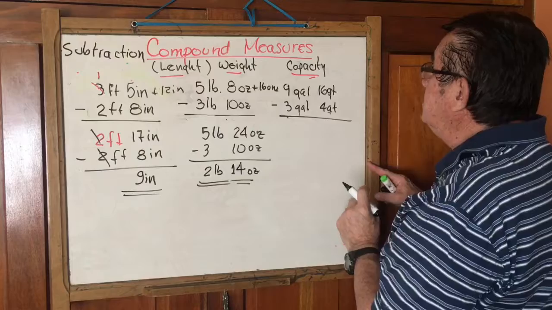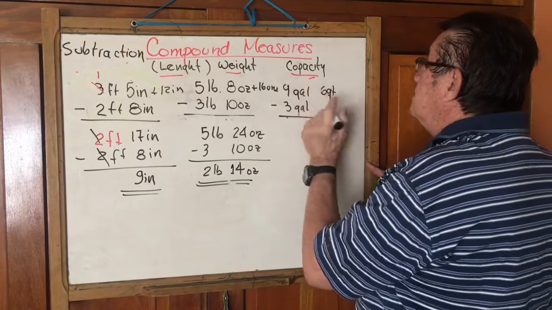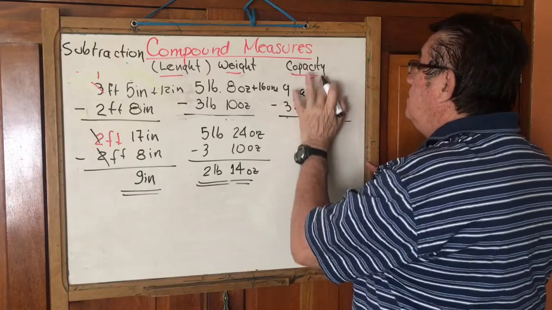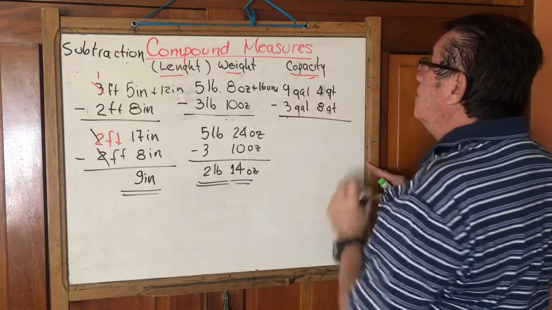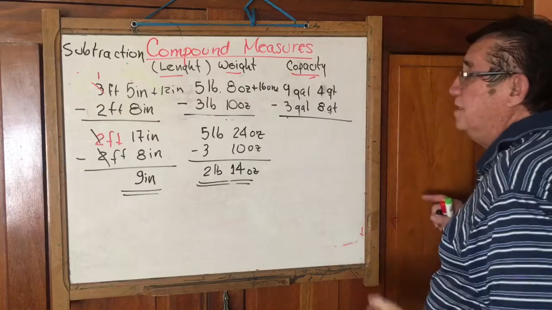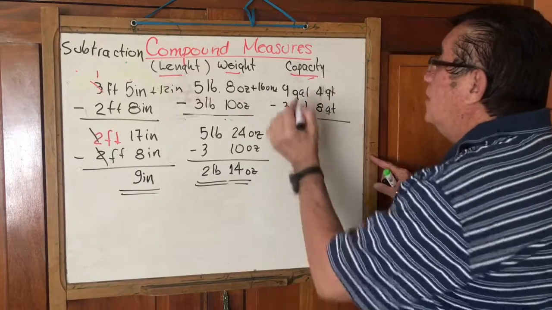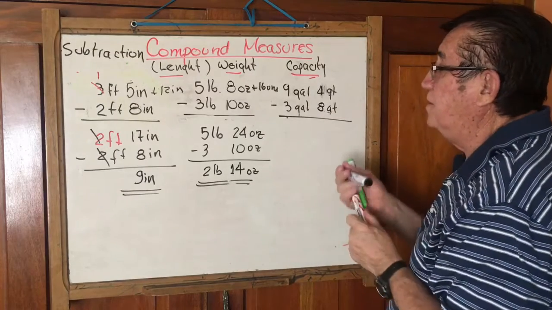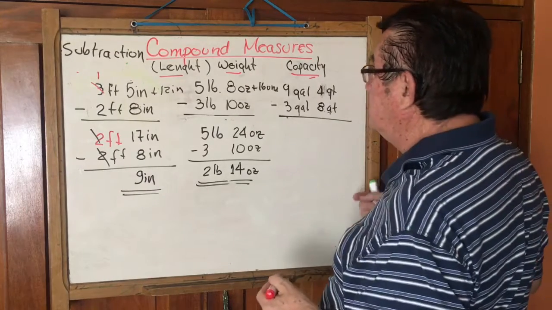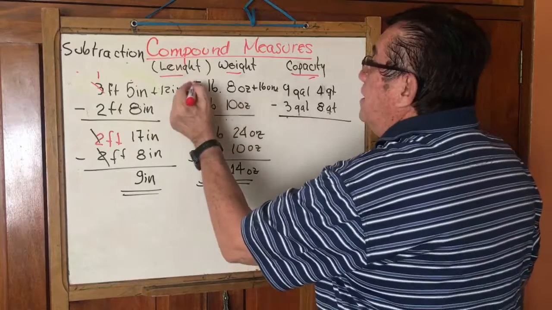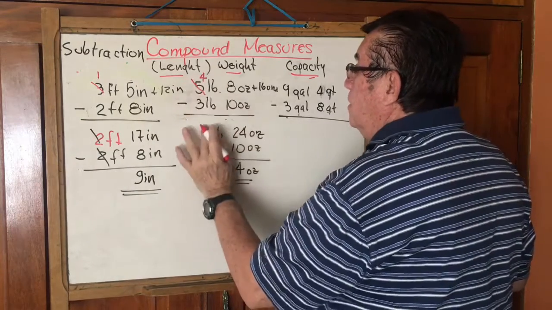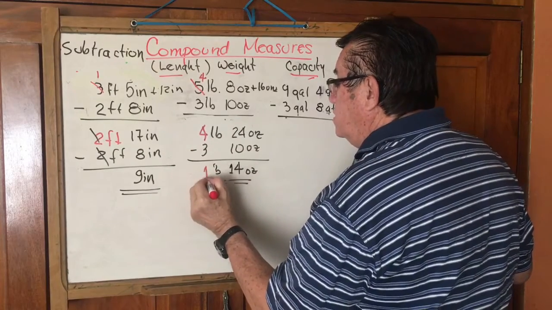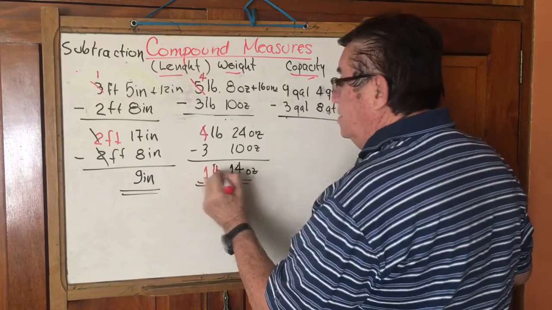In capacity, well, let's see that this is another situation. I have only 4 quarts. And I cannot subtract 8. So I will borrow from here 1 gallon. Oh, wait a second, there's a problem here. This is gonna be 4, and this was 4. So the answer here is 1 pound. That was a mistake.